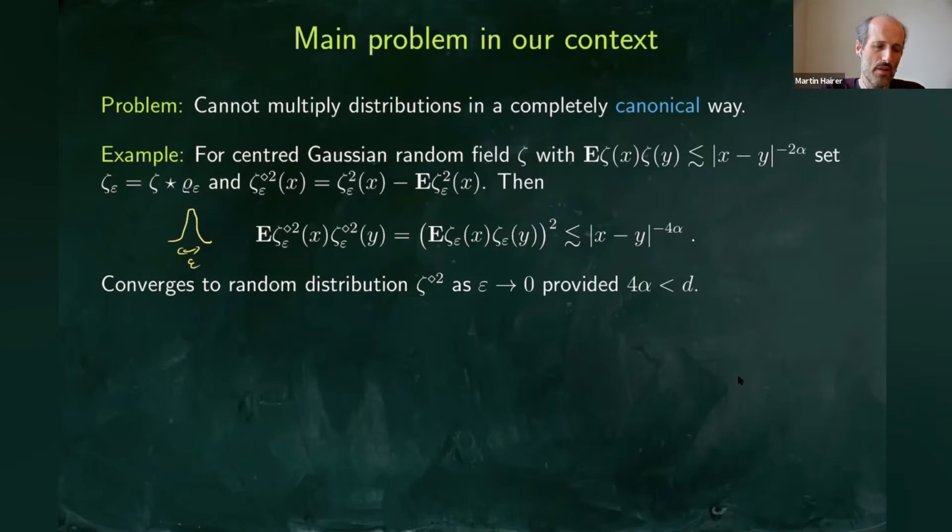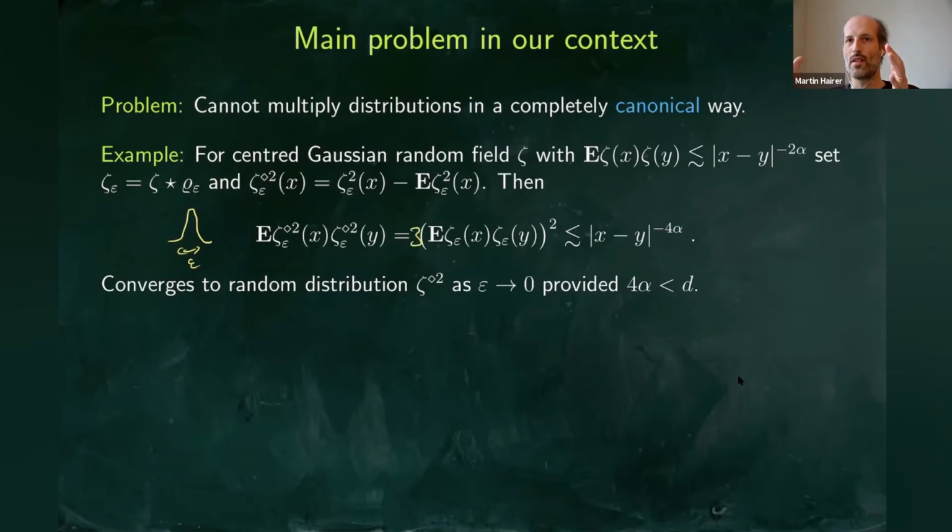And then it's a simple calculation that if you look at the covariance of that Wick square, what you get is actually just the covariance of the guy itself squared. Maybe with, I think I made a mistake, I think there's a 3 in front or something like that. But that's not very important.